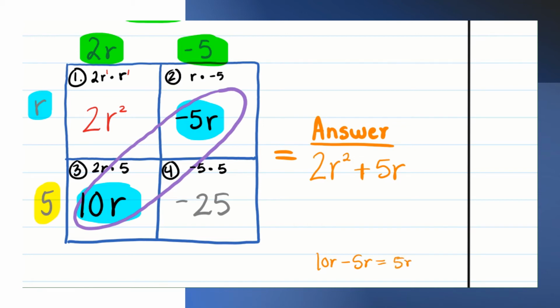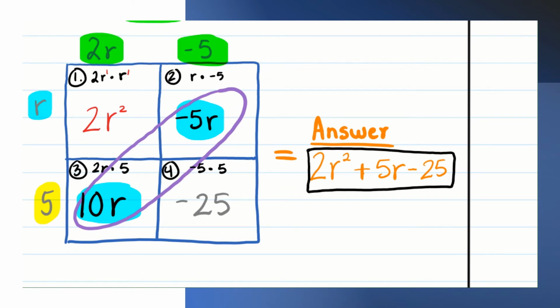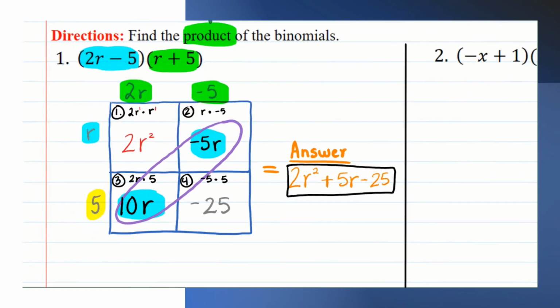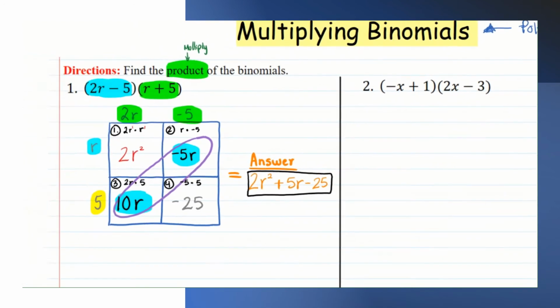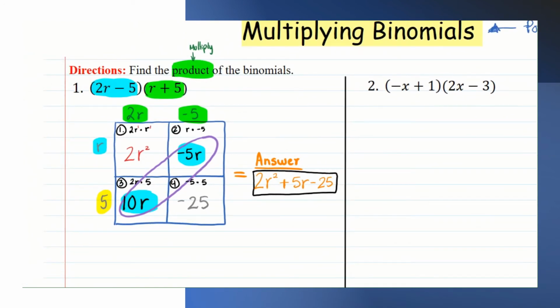That's how I'm writing my answer here. We write it in standard form, which means usually box number 1 will be our first term. We combine our like terms, which is box 2 and 3, to get the middle term, and box number 4 will be our last term. And that's it, folks. That's what your answer will be when you multiply those two binomials.